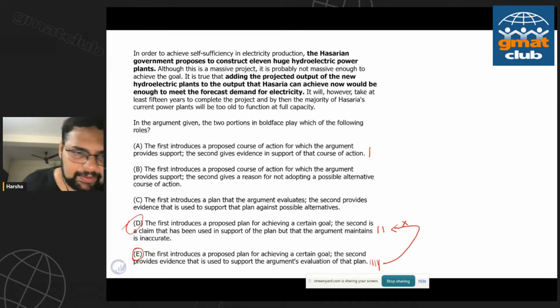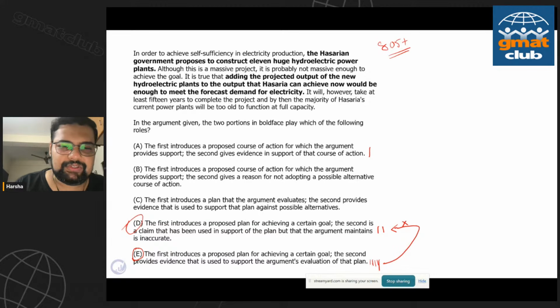But if you go and check the stats on this, compared to the question that we just did, I don't think it's as difficult a question to solve. But this one looks a little more difficult in the stats.